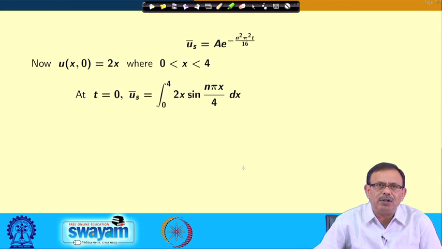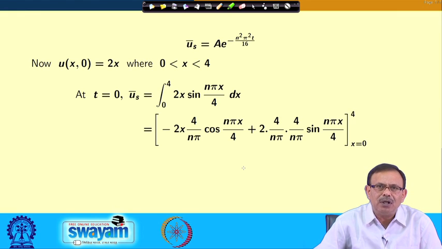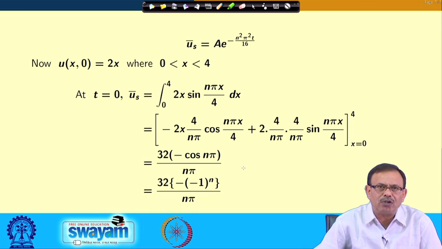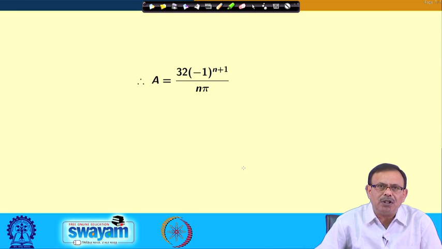So, at t equals 0, u bar s equals integral 0 to 4 of u(x,0), that is 2x, into sin n pi x by 4. If I evaluate the integral, I obtain 32 into minus 1 to the power n plus 1 by n pi. So, at t equals 0, u bar s is this quantity, and also u bar s equals a at t equals 0. Therefore, a equals 32 into minus 1 to the power n plus 1 by n pi. So, u bar s I can obtain by using the value of a.